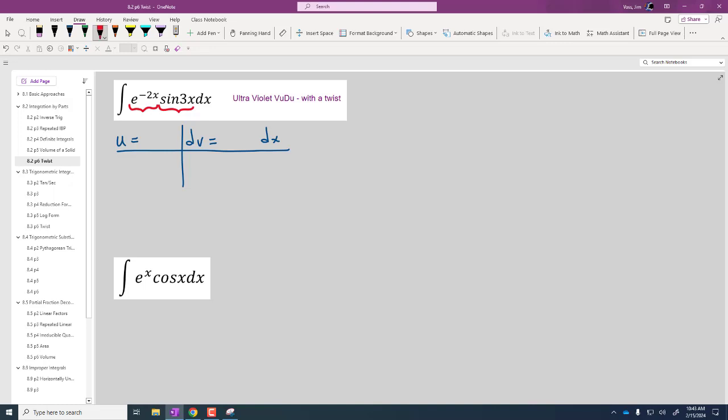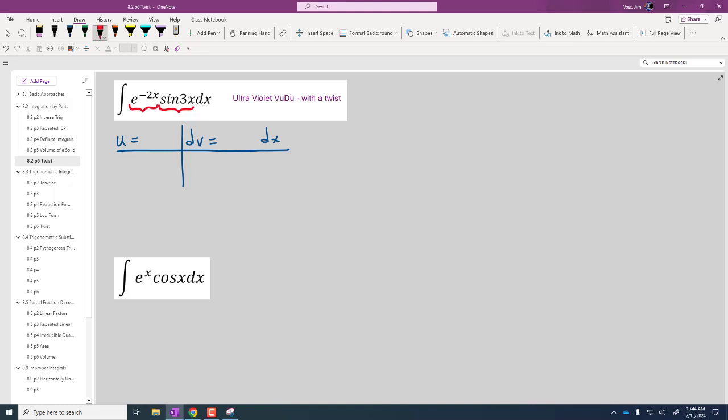Sine is going to be bouncing sine, cosine, sine, cosine. So there's not going to be one of these functions that collapses, like when we had the x squared out in front: differentiated, it went down to x, and again, down to a constant. So both of these functions are circular in nature when thinking about derivatives and integrals.